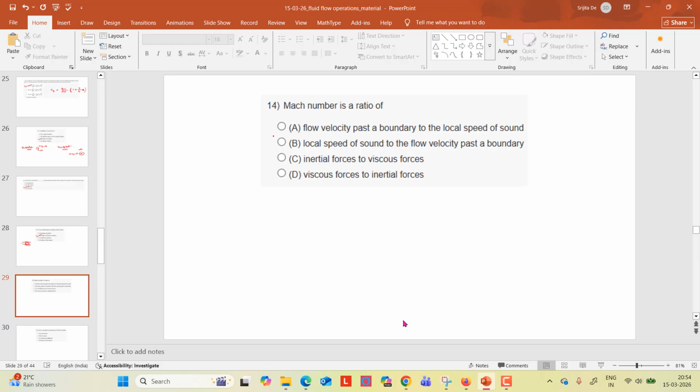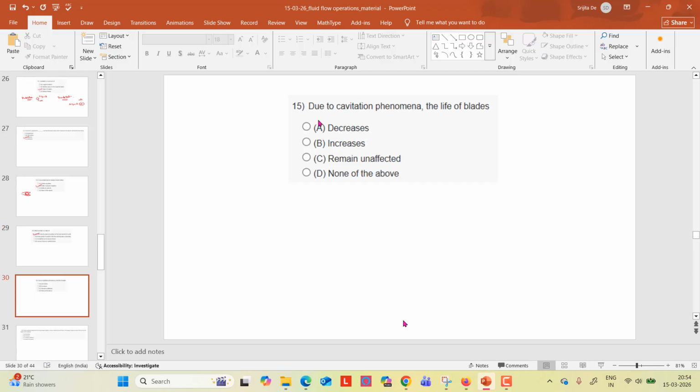Option A. Next, due to cavitation phenomena, the life of the blade decreases because due to cavitation the bubble is created in the low pressure zone, and when this bubble reaches the high pressure area it bursts, and this bursting leads to high vibration, and that vibration erodes the surface of the blades. Okay, so this is the decreases. This will be the decreased answer.